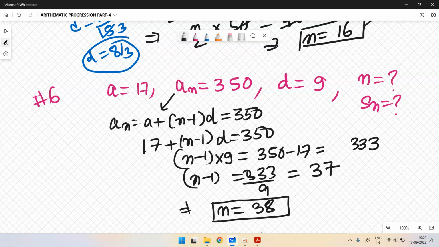S of n we need to calculate. S of n is simple: n by 2 into a plus nth term. N you have already calculated, a is given, and a of n is also given.